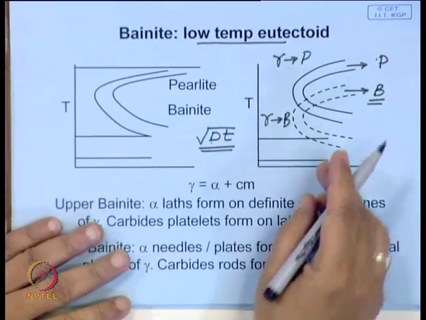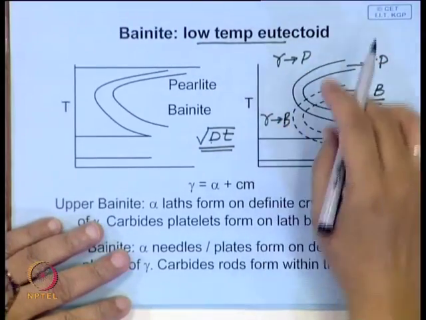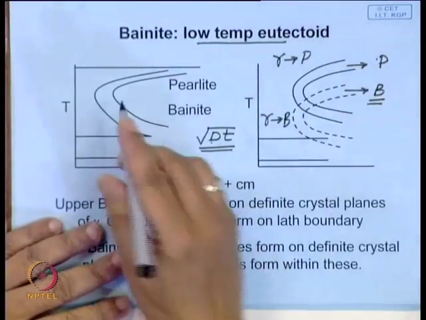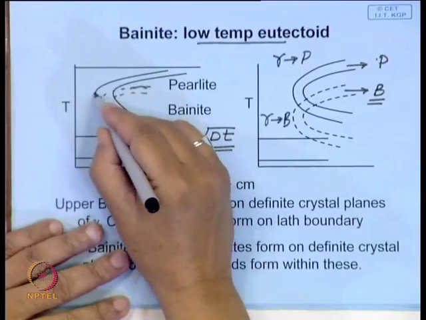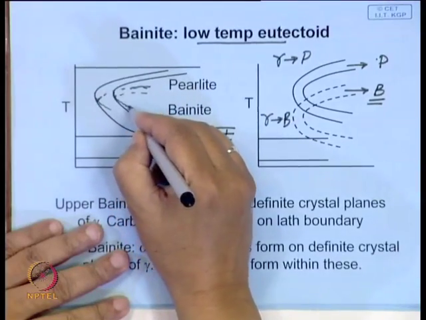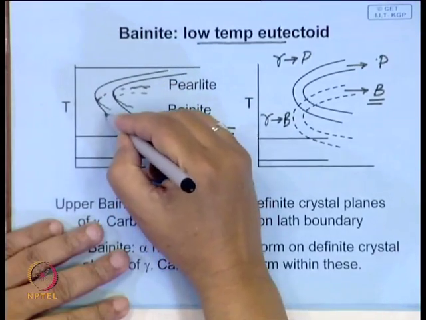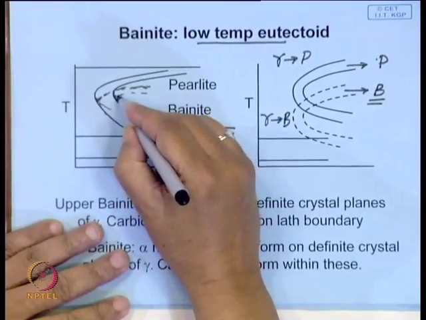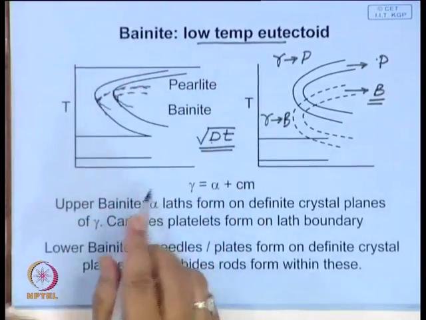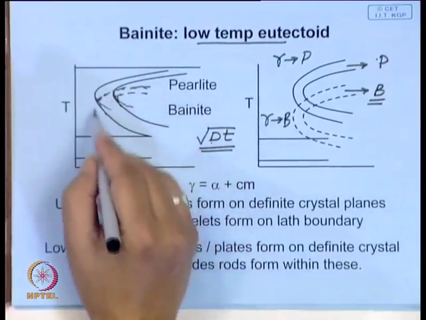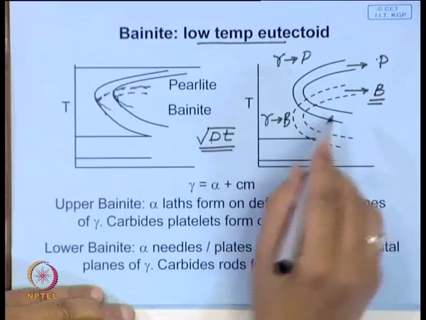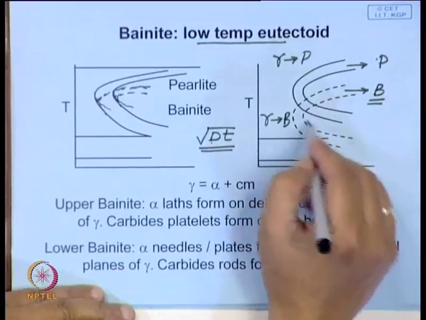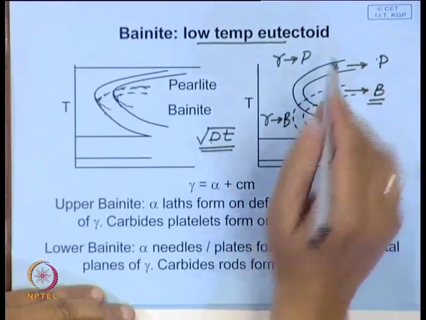For plain carbon steel, often it is found that they overlap. So, this is the portion of pearlite and this is the portion of bainite, and they merge together. Although apparently it looks like one C curve, it may be a superimposition of two such C curves, which is shown over here.